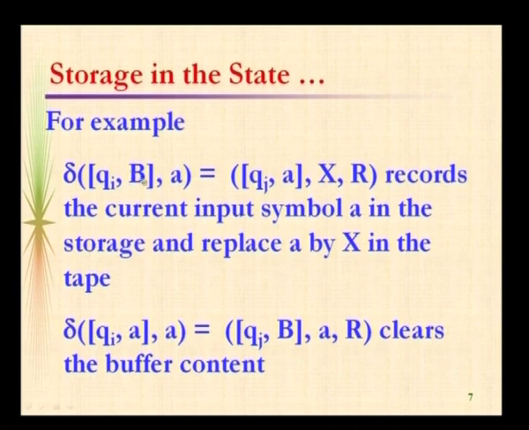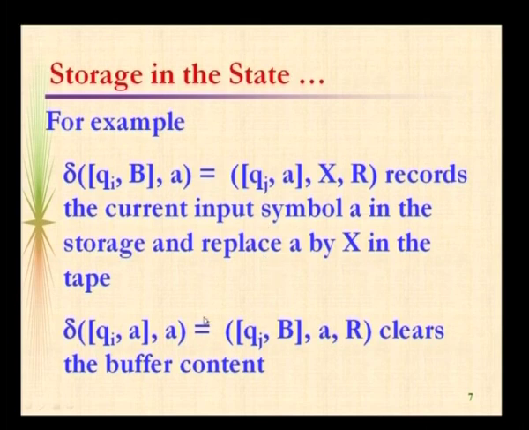So, we write blank inside the square bracket for the one storage location, and the current input symbol is A, and the output is Qj comma A. It means that we have recorded the most recently scanned tape symbol onto the finite control, and one more action we have done is replacing this A by X. It records the current input symbol A in the storage and replaces A by X in the tape.